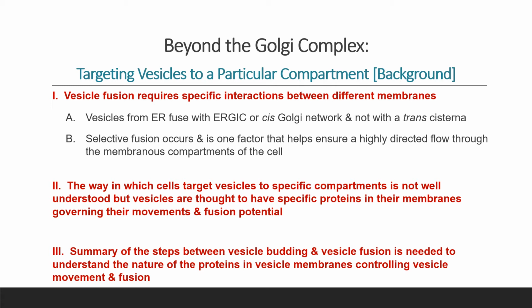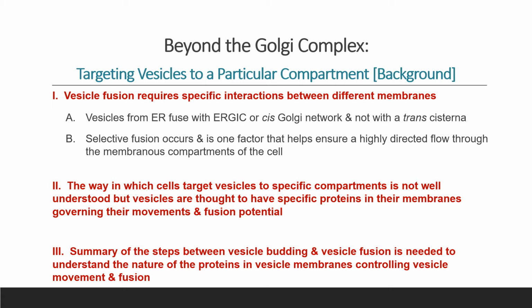So for you to be able to understand the targeting of transport vesicles to their particular target membranes, you may want to check figure 8.31 of your book from page 289.